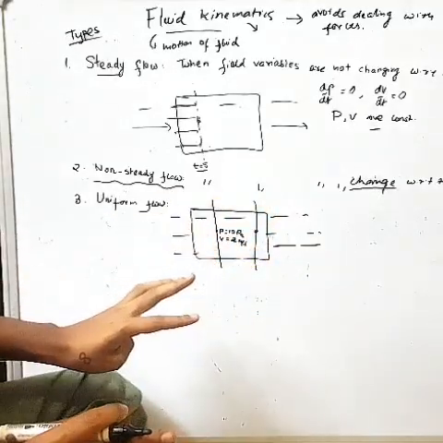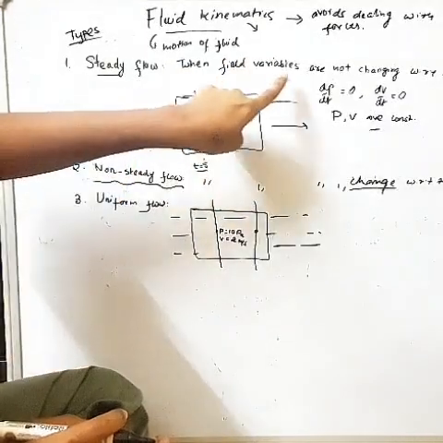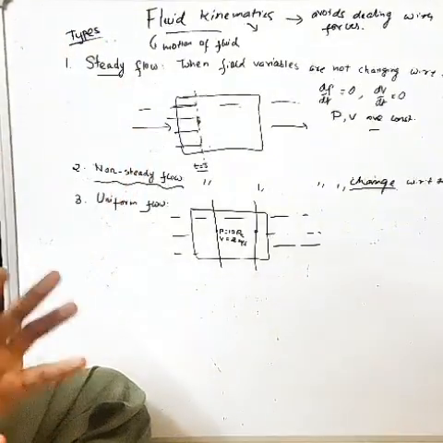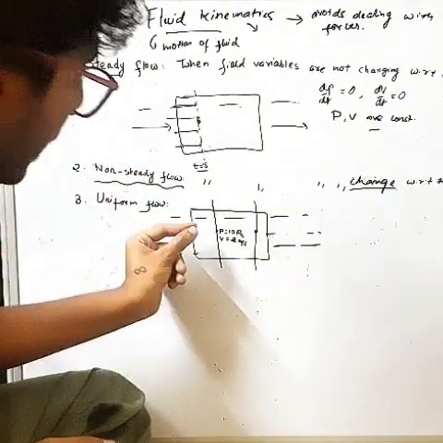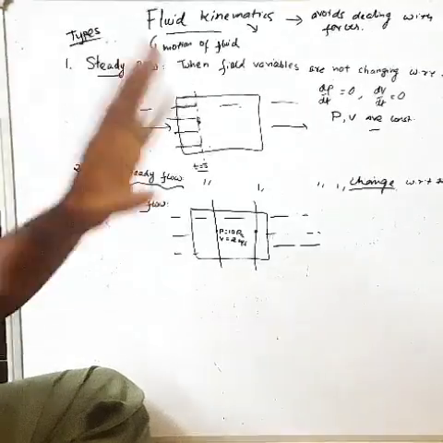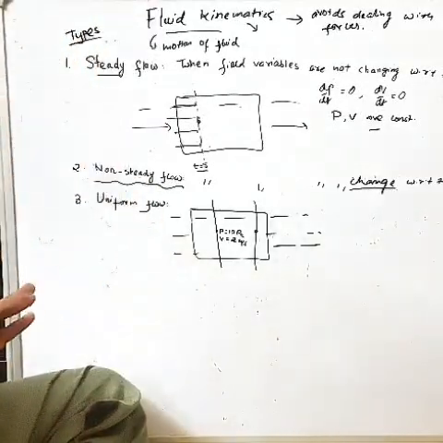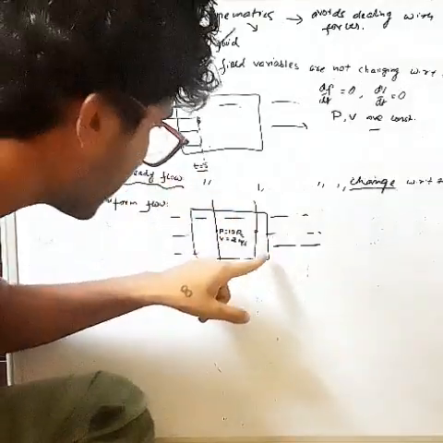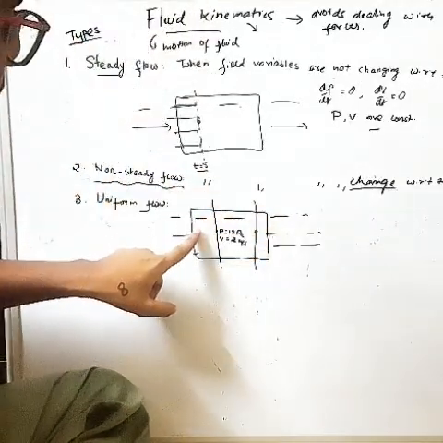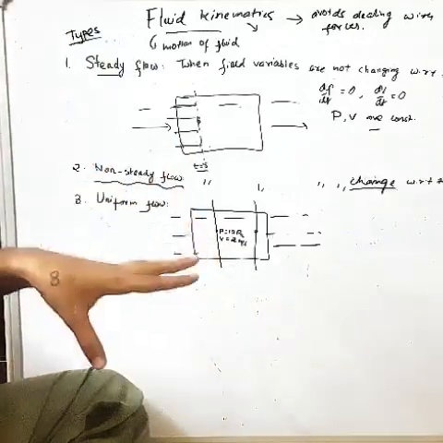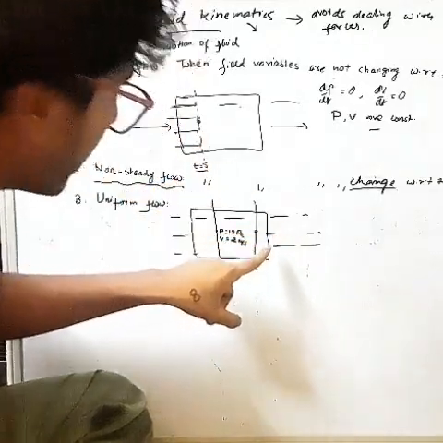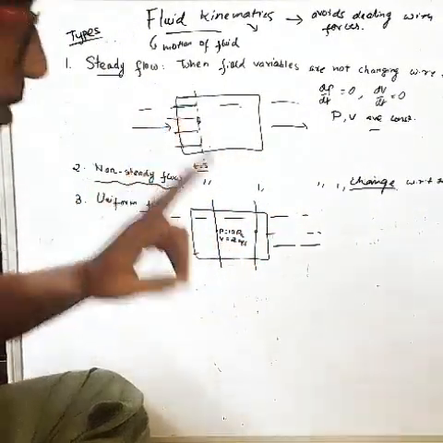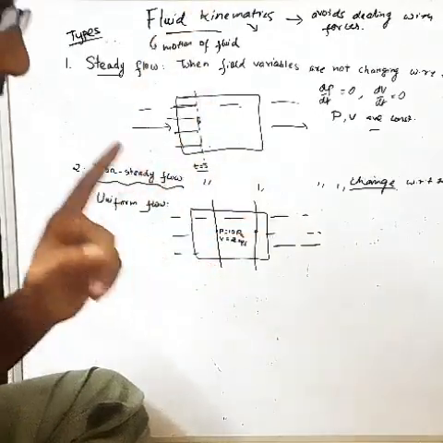The field variables do not change with respect to space. If a particle in this structure experiences a pressure of 2 pascal, every particle in this structure will experience 2 pascal. If it experiences a velocity of 2 meters per second, every particle will experience 2 meters per second.